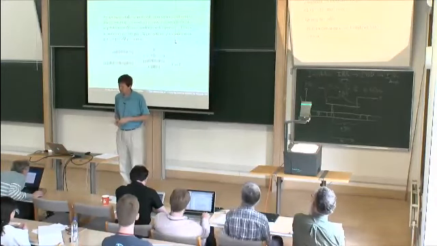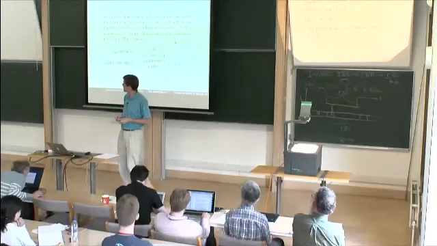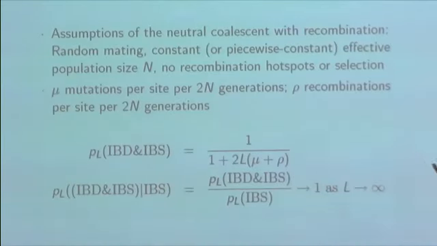Okay, so how are we going to work? We're going to work with the standard neutral coalescent. Well, I'll adjust that slightly in a minute, but the basic model is the neutral coalescent with recombination, random mating, constant effective population size. In fact, one can do the calculations with any piecewise constant effective population size.